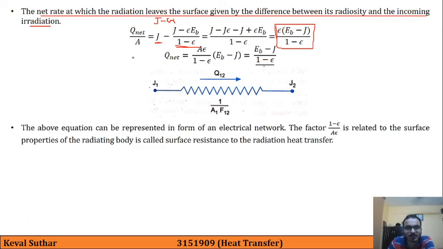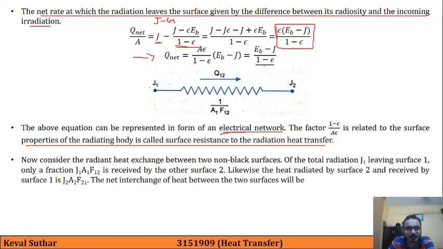the above equation, that is this equation, can be represented in the form of an electrical network as shown in this figure. J1 to J2, and the thermal resistance is this, that is 1 minus epsilon upon capital A epsilon, which is related to the surface properties of the radiating body, called the surface resistance to heat transfer. Now we can consider another case where there is radiant heat exchange between two non-black surfaces.